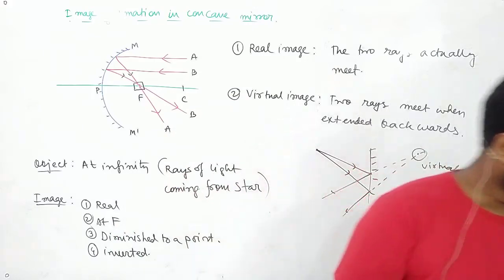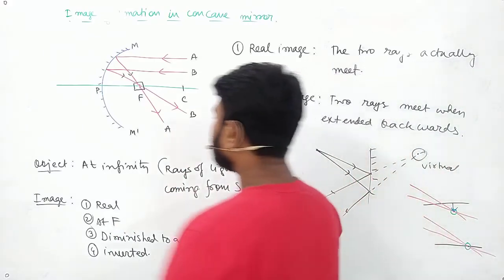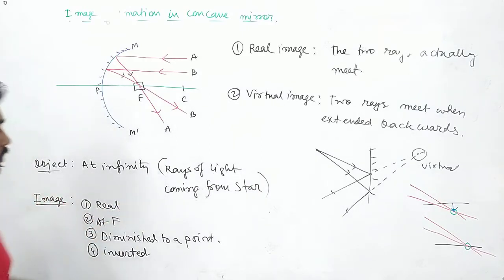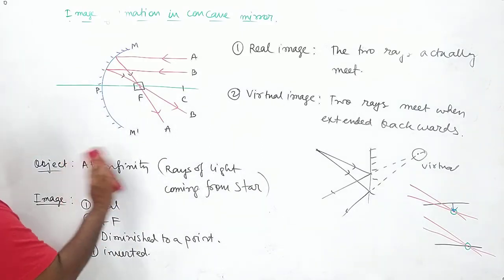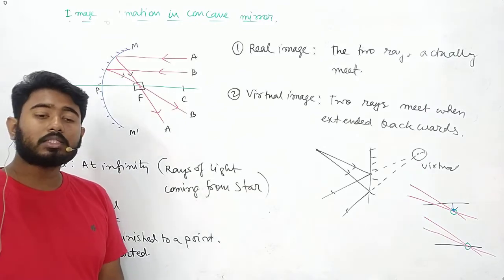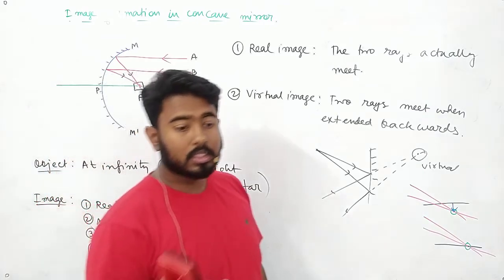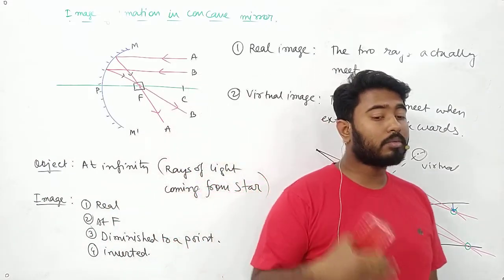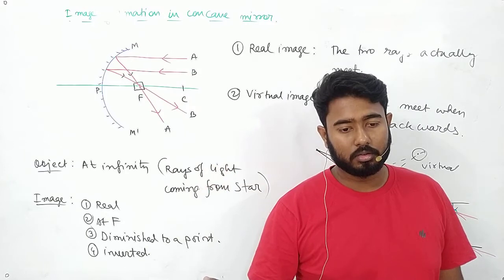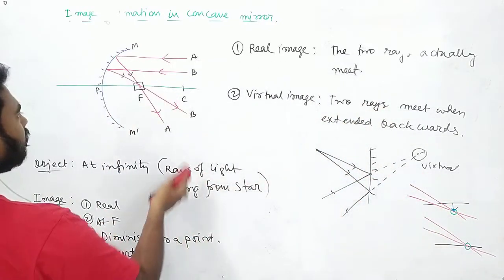Okay. Now let us do the next case. We did the case when the object is at infinity. Now we will do when the object is very far away, not at infinity. Suppose a light is coming from moon, from Saturn, from sun, then it is very far away, but it is not at infinity. Is that clear? What will happen in that case?